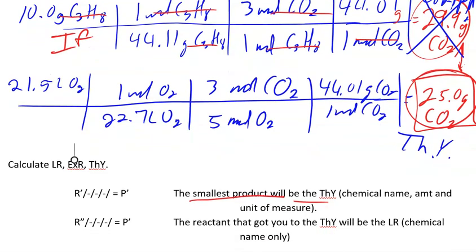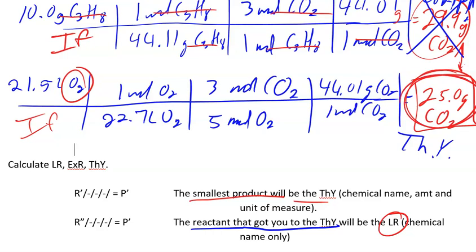Then this next part says the reactant that got you the theoretical yield, which is going to be the oxygen in this case, is going to be the limiting reagent. So let's figure this out. If we use up all the oxygen, we can make 25 grams of carbon dioxide. And if we can use up all the propane, we can make more.